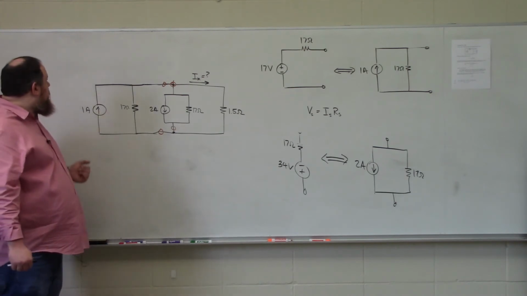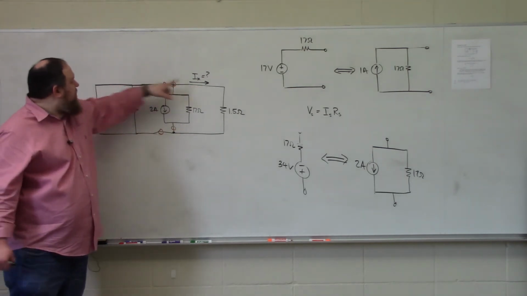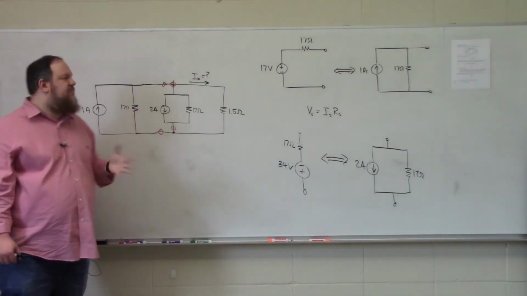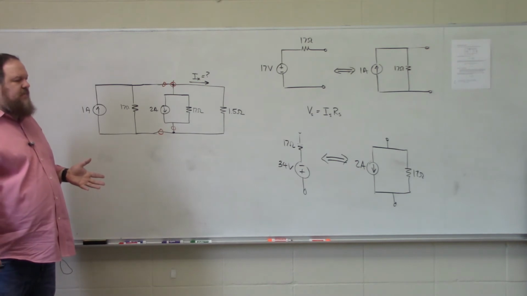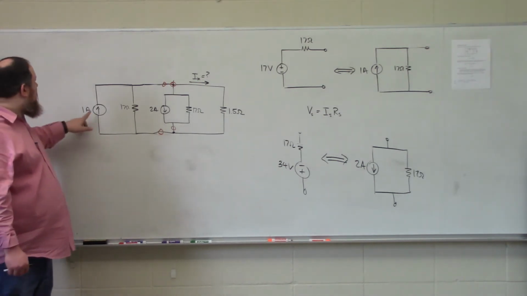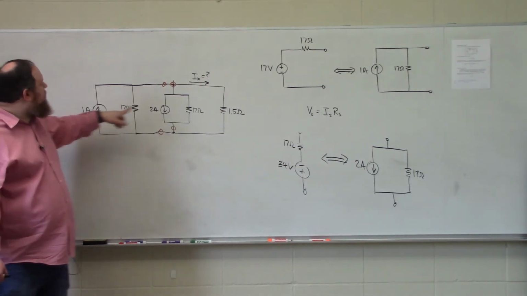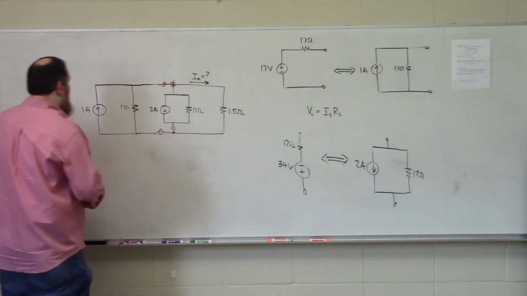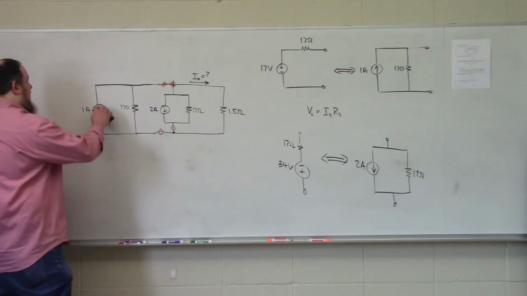Now, we have this node on the top, and we have this node on the bottom, so we have a single node pair circuit where I see that I have a 1 amp source in parallel with a 2 amp source, so I could replace that with a 1 amp source direction down.